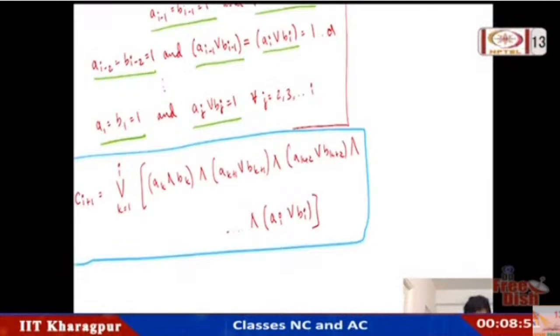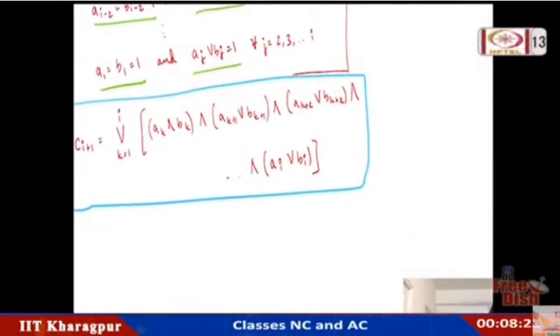Now it's very straightforward to see that this expression can be evaluated using a constant depth circuit. You have a big OR, but that's okay, we are allowed unbounded fan-in. In fact, there is a big AND inside each of these ORs. That's also okay because it's unbounded fan-in. And inside this AND, it is all small circuits, all fan-in 2 items. So we will get a depth 3 circuit for this.